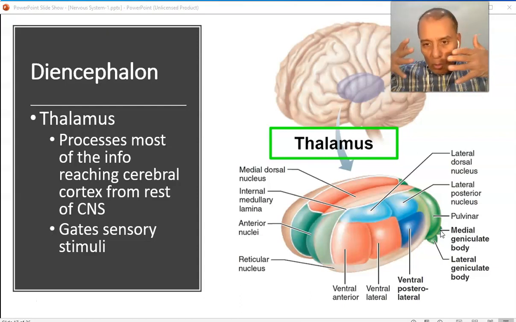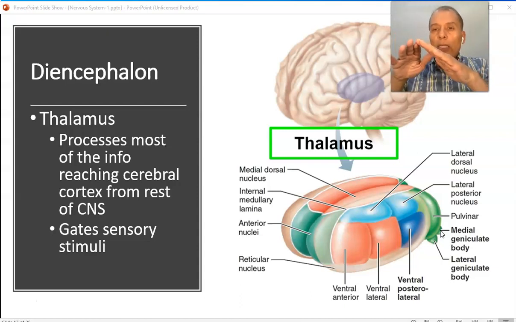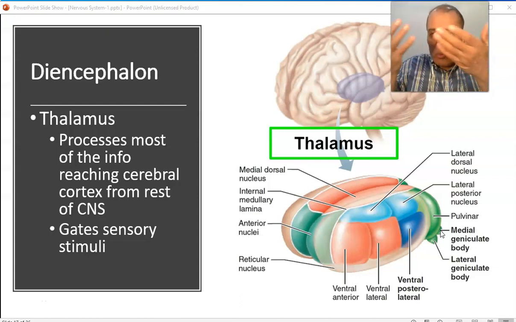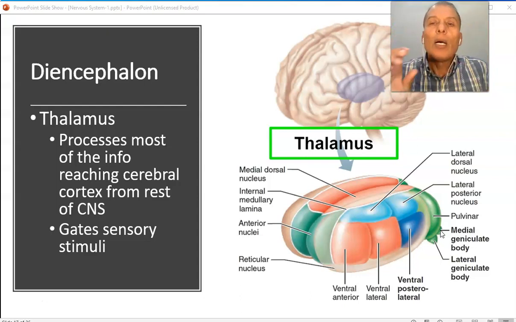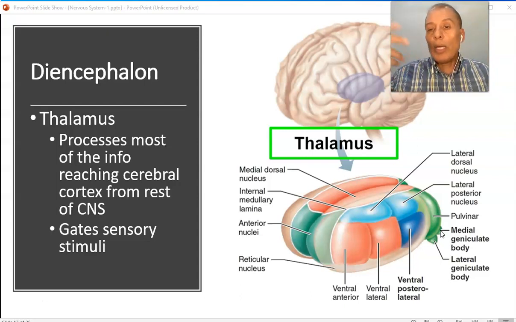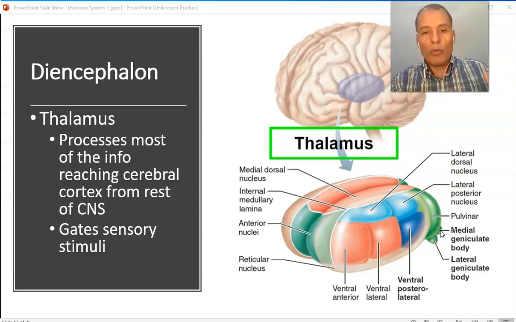If the signals are too loud, that system is going to muffle them down a little bit. If the signal is too low, it's going to raise it to make it louder, by sending down to the cochlea and the lower brainstem structures and making them enhance the signal.